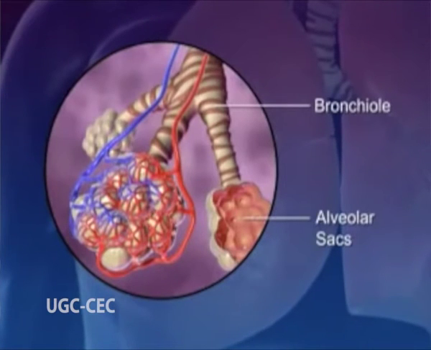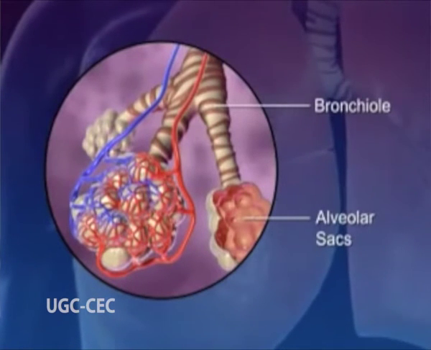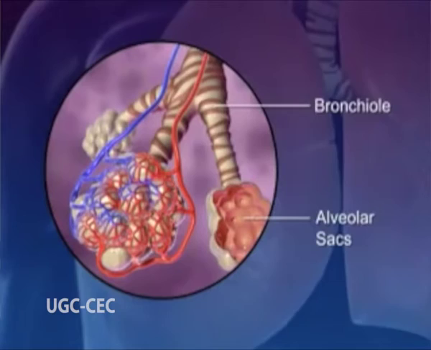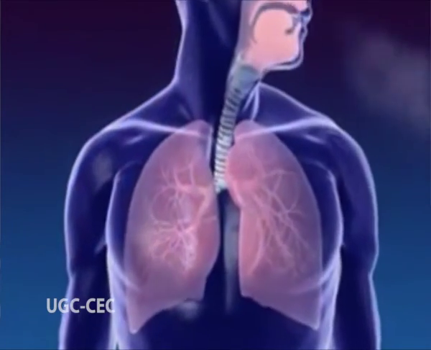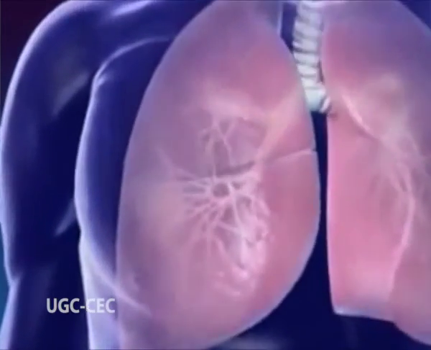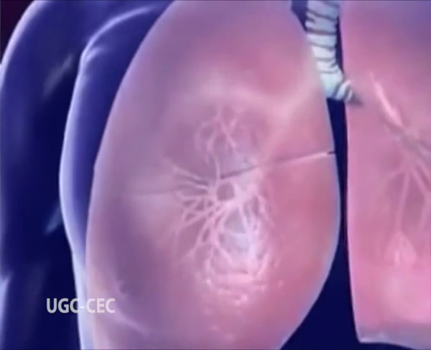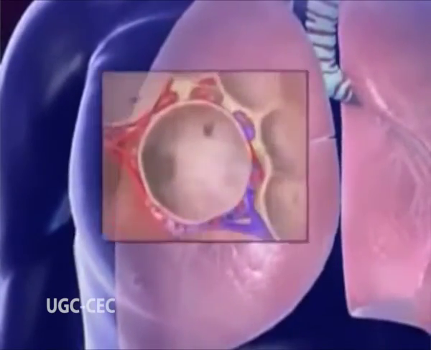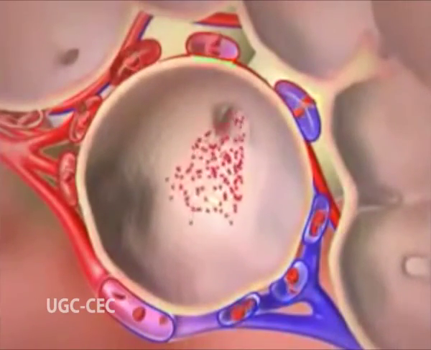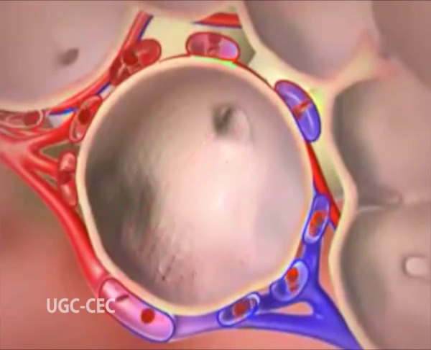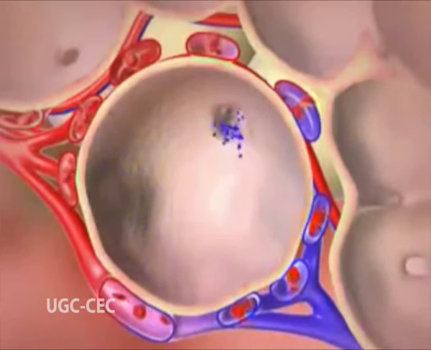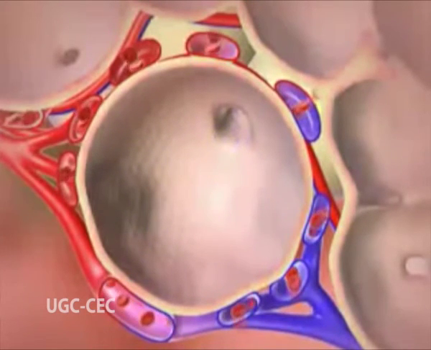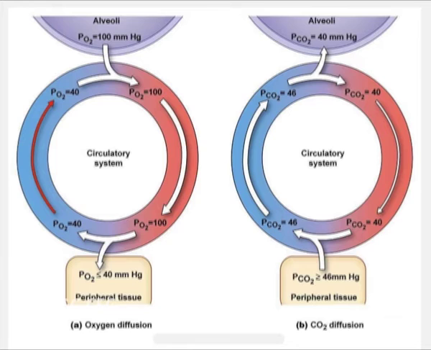The alveoli are surrounded by a capillary network from pulmonary veins carrying oxygenated blood from the lungs and pulmonary arteries carrying deoxygenated blood to the lungs for diffusion. The exchange of gases takes place because of the differences in their partial pressures. The partial pressure of oxygen is lower in the deoxygenated blood, about 46 mm mercury, and is carried by the pulmonary arteries.